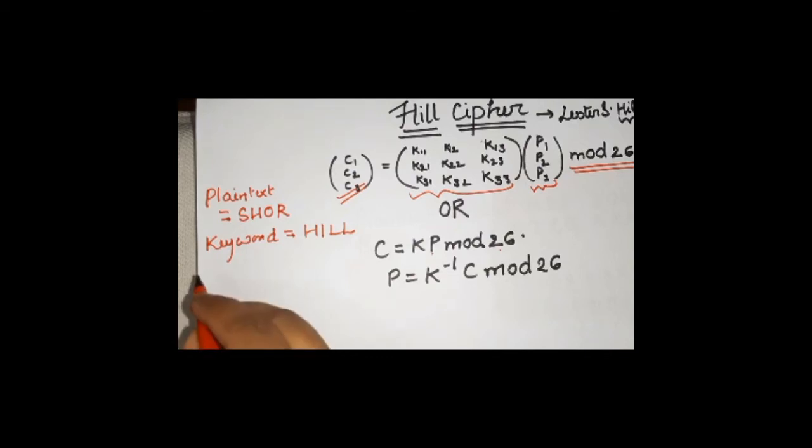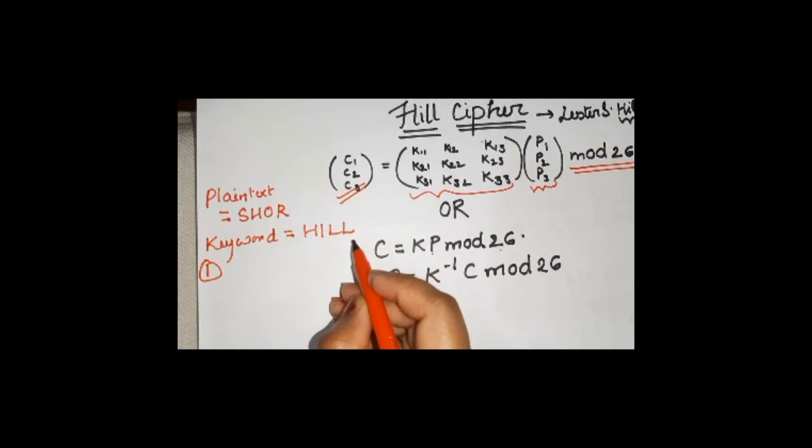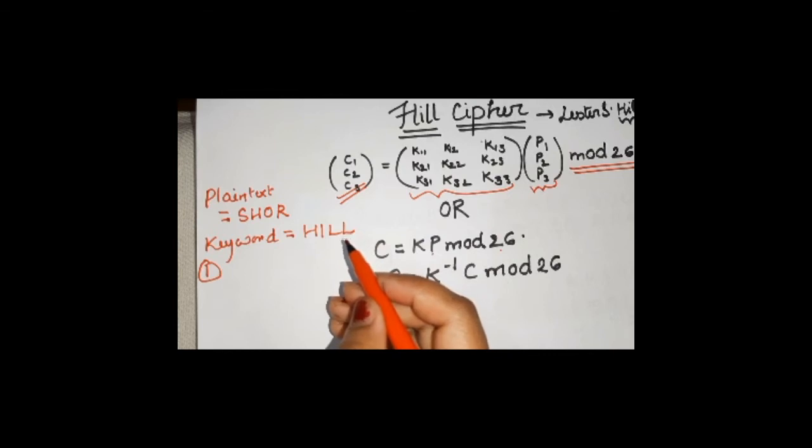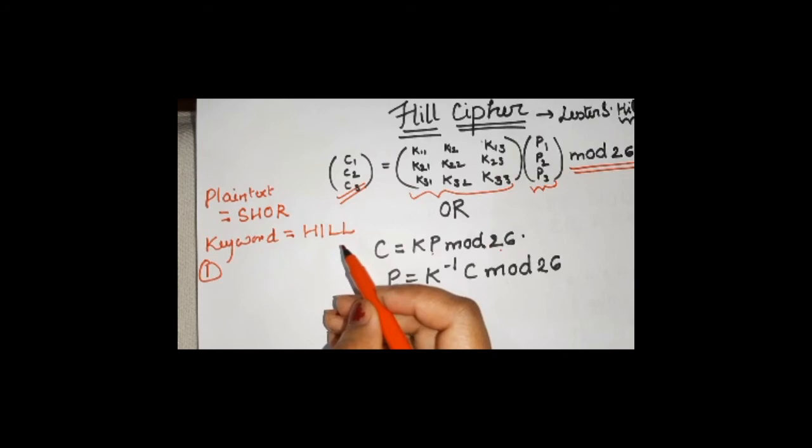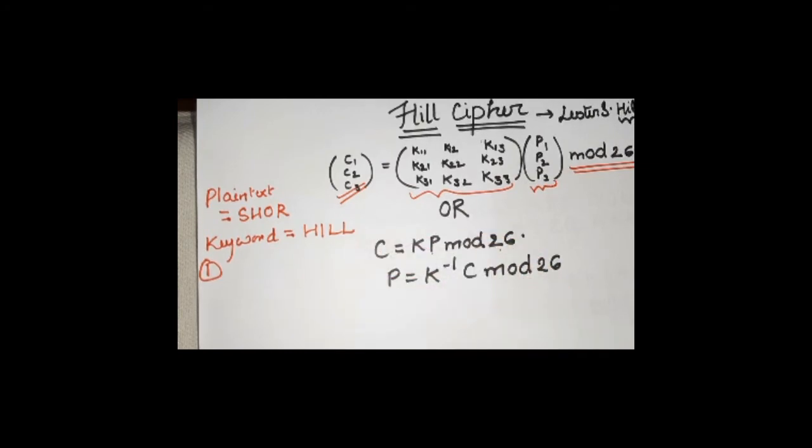Now the first step is, always remember these techniques are done step by step. So the first step is to convert the keyword into a matrix. Hill cipher is a matrix based conversion technique. Sometimes you will get the keyword automatically in the form of a matrix in the exam, and sometimes you will be given words. So these words have to be converted into a matrix.